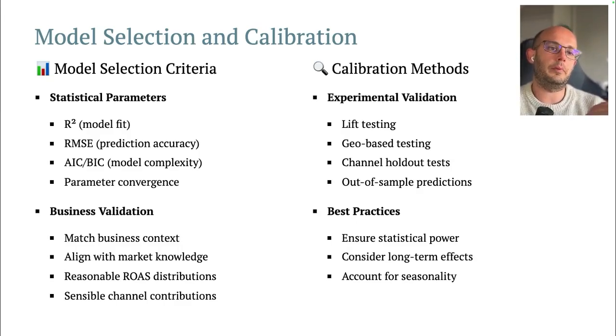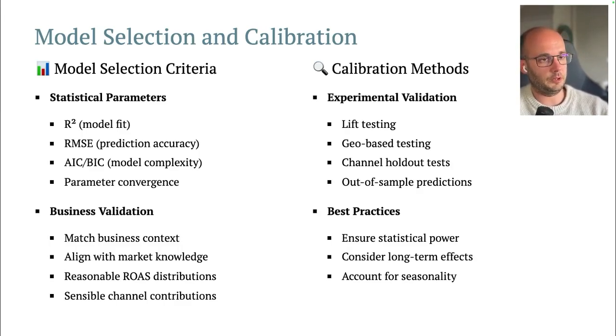So you need to combine some of these techniques. For instance, when you're doing channel holdout tests, you shut down channels, but only in specific geos, and you compare with other geos. This is where difference-in-differences methods, synthetic control or geo-matched tests come in. And also, the simplest is out-of-sample predictions.